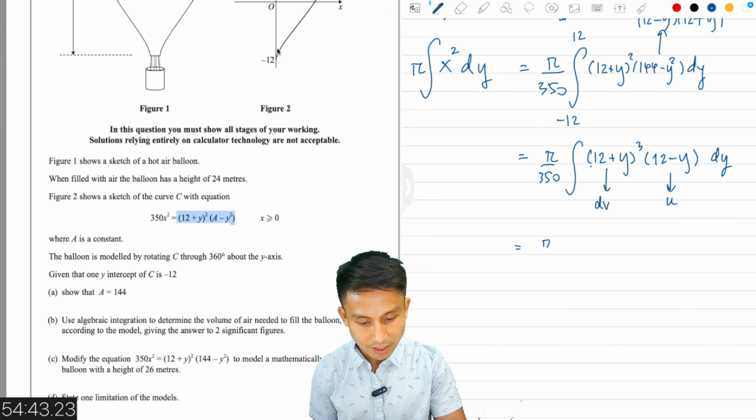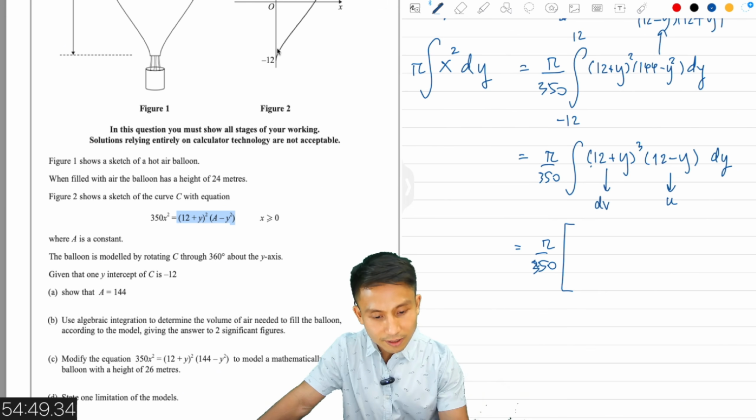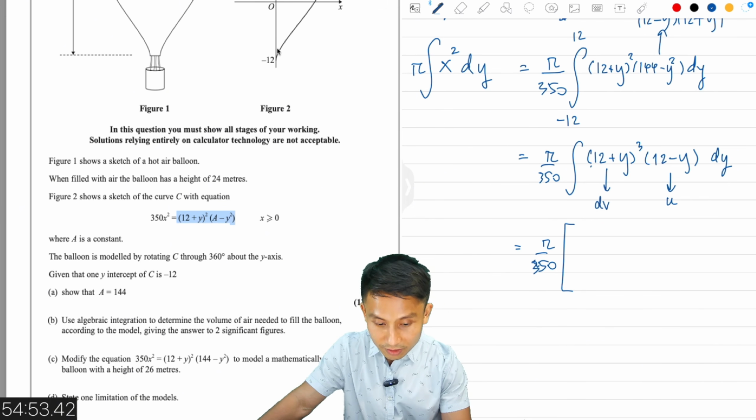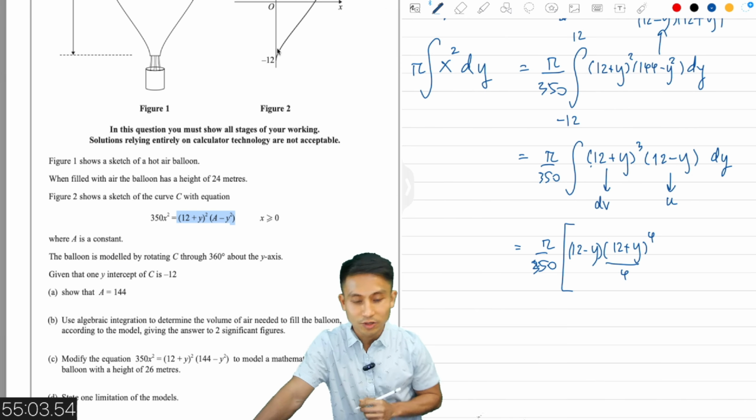So pi over 350 there, then in big brackets, uv, so u is this, v is the integral of that, so I have 12 plus y to the power of 4 divided by 4, just the reverse power rule there.